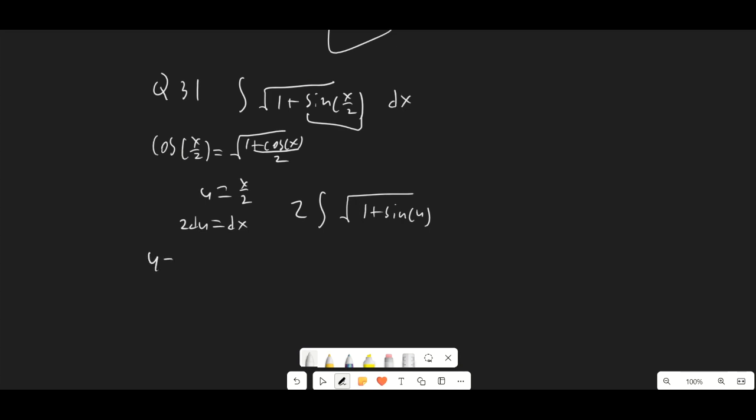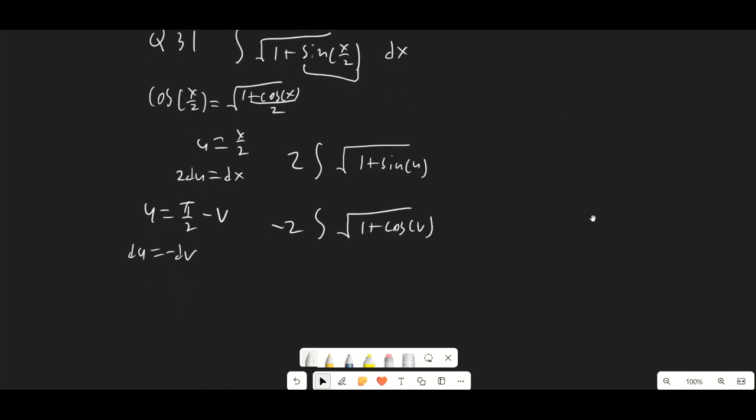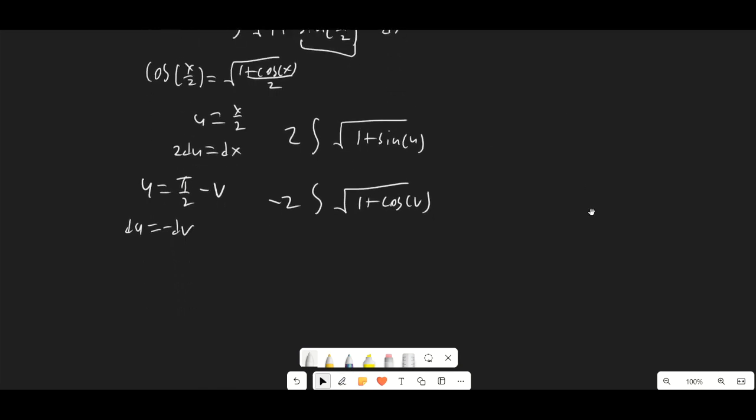Then we're going to do u equals pi over 2 minus v, and then du equals negative dv. So we're going to get negative 2 times the integral of the square root of 1 plus cosine v. And then we can just go ahead and divide and multiply by square root 2.